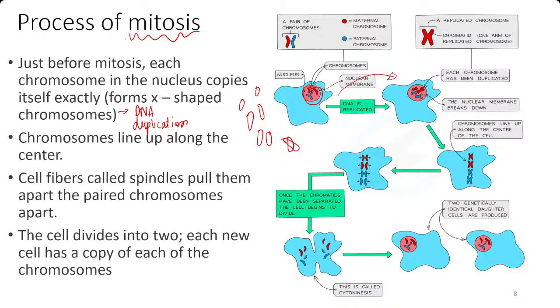So let me first explain the process so that we don't have to look at it again. At first we have our cell like this. Now we have DNA replication, not duplication.